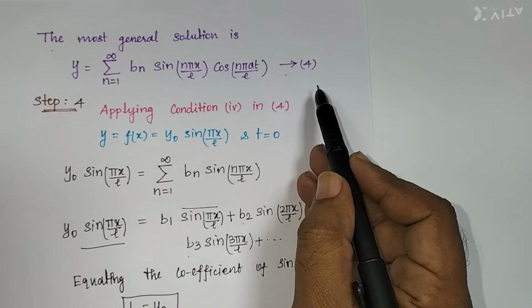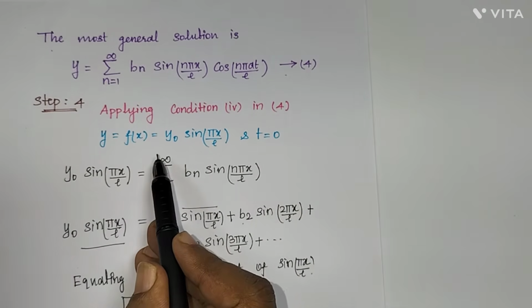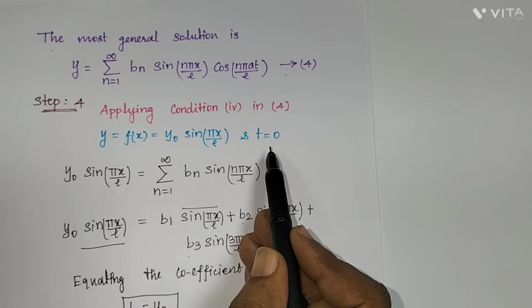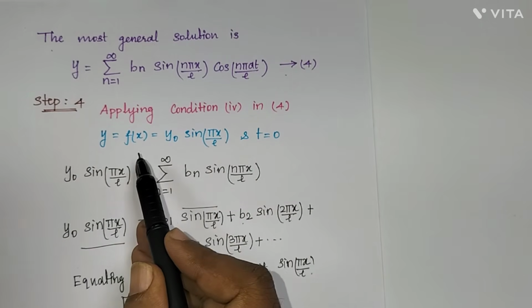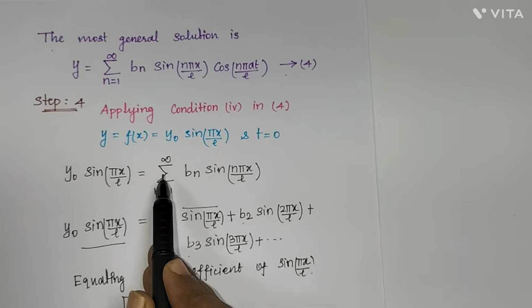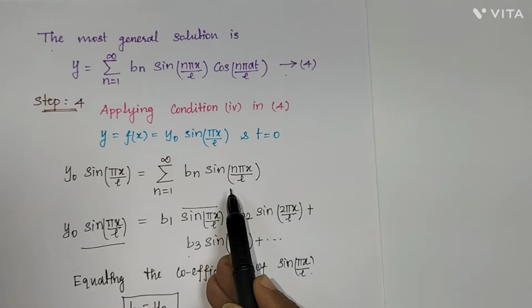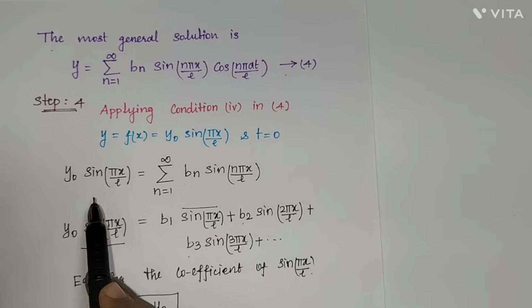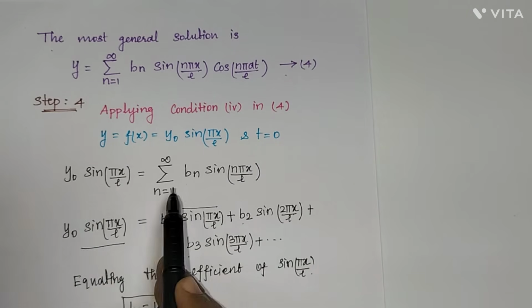In equation 4 I apply condition 4: y equal to y naught sin(pi x by L) at t equal to 0. Substituting, you get y naught sin(pi x by L) equal to the summation n equal to 1 to infinity bn sin(n pi x by L). Here there is no need to find bn, because whenever your function is in terms of sin or cos, we can just equate both sides and we will get the answer.